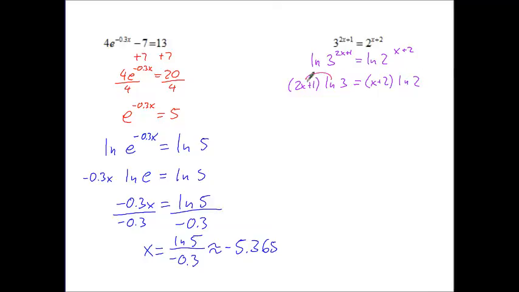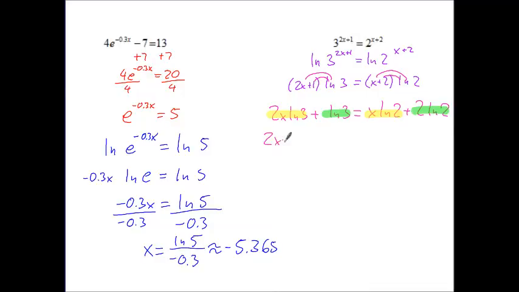Now we're going to eliminate our parentheses by distributing our logs, and we get 2x ln 3 plus 1 ln 3 is equal to x ln 2 plus 2 ln 2. And in our next step, we're going to move all the terms that have an x to the left and all the terms that do not to the right.